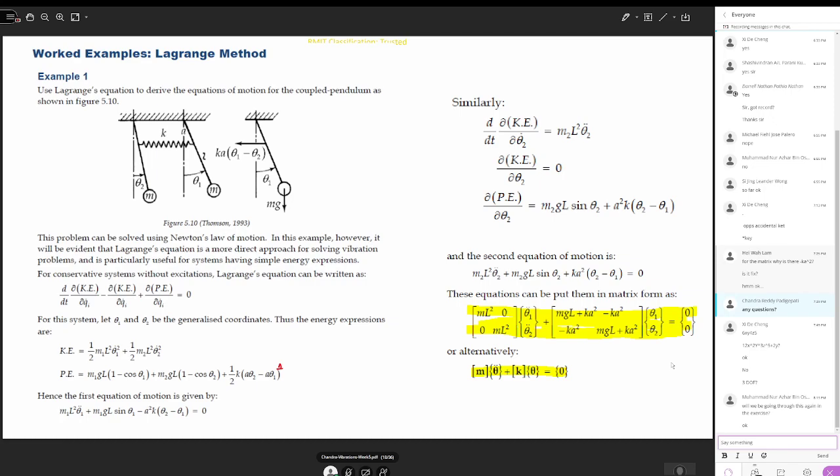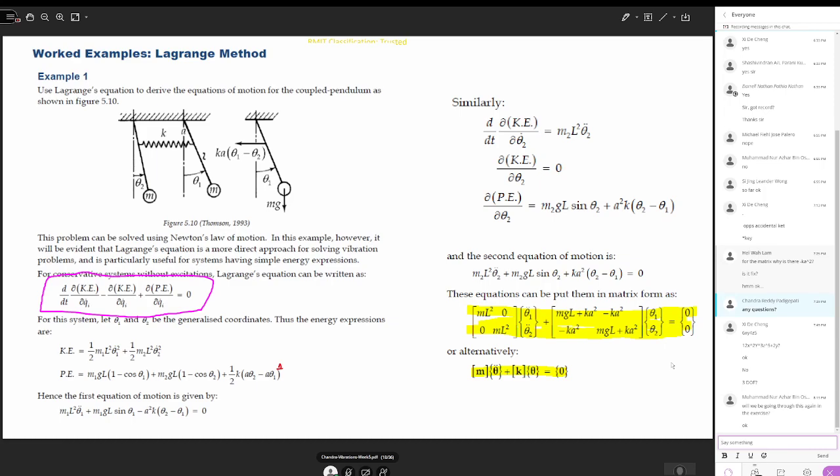So we take the Lagrange's equation: d by dt of the partial derivative of kinetic energy with respect to qi dot, minus the partial derivative of kinetic energy with respect to qi, plus the partial derivative of potential energy with respect to qi. So the sum is 0.